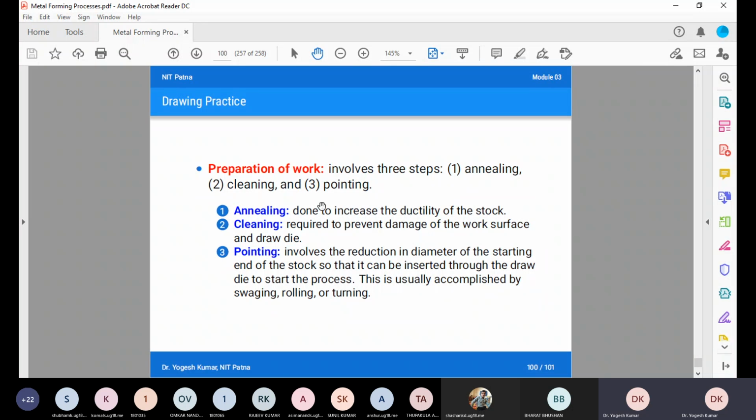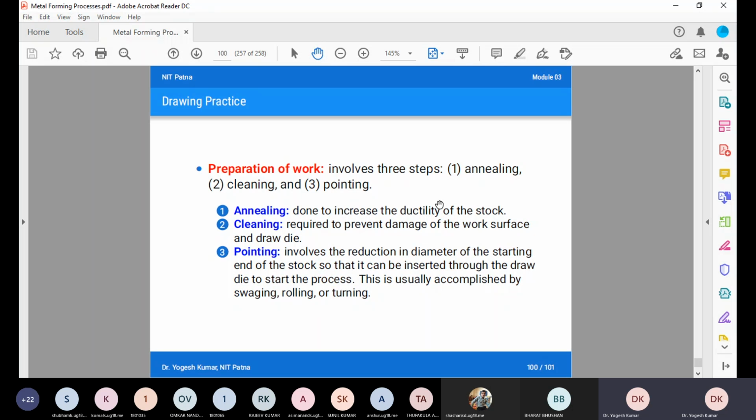Why is annealing done? You might have studied in the material science course that annealing is done to increase the ductility of any given metal. Since we have to reduce the diameter and draw the wire or bar through a die opening by pulling it, obviously it should have sufficient ductility so that it can be drawn through the die. So the first step is annealing.